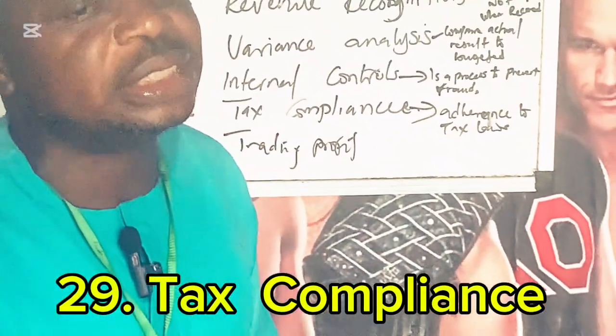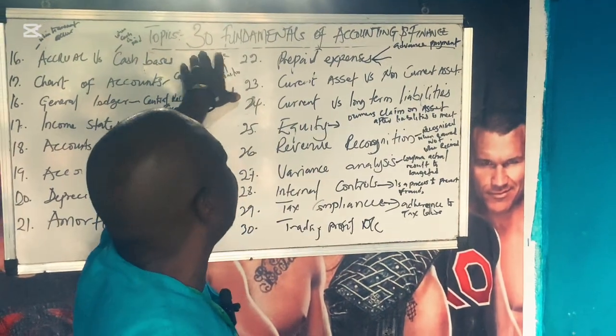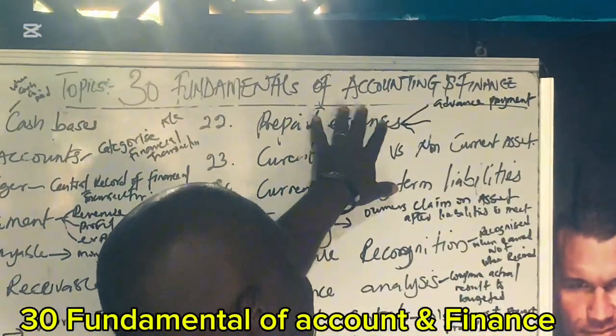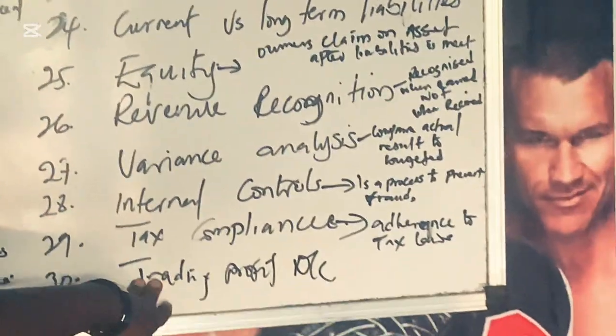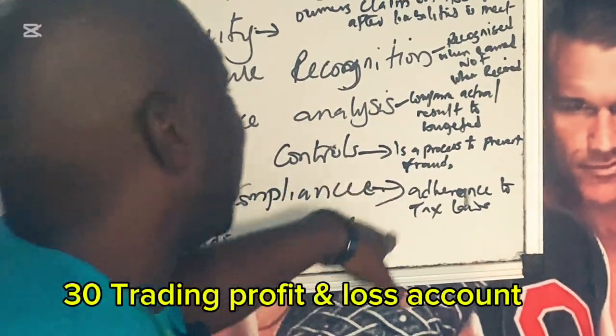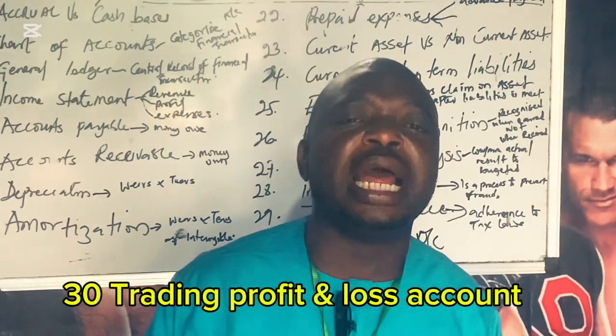Next item in this lecture titled 30 Fundamentals of Accounting and Finance, and the last item here, is the trading profit and loss account. Most of the time it's always profit.